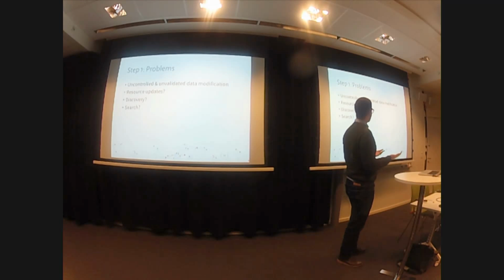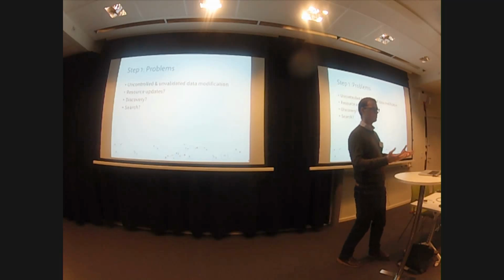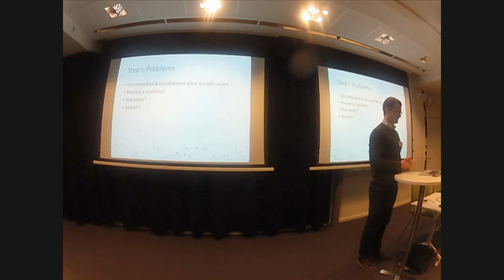When there are a lot of resources, we want to do some search. And then finally, there are so many features. How do we discover what is possible to do with all this linked data? Because again, we're putting all that semantics in for the purpose that people don't have to read PDF files and figure out whether it means A or B.